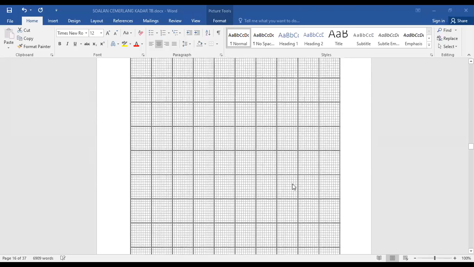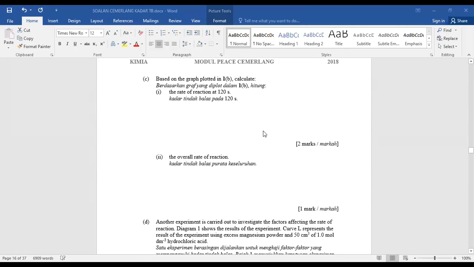Now, our question next will be asking us to calculate the rate of reaction. Can you see the word at? Okay. When you get the word at, meaning you are actually calculating the instantaneous rate of reaction.